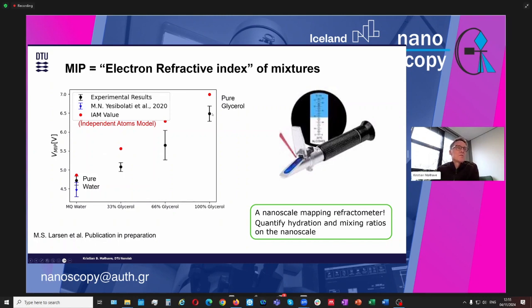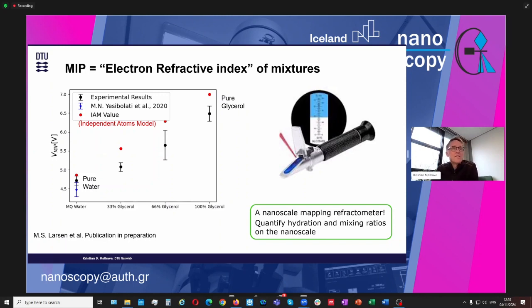So it's actually a mapping refractometer, because this is based on imaging. We can now begin to quantify, in this case, hydration levels of glycerol and water on the nanoscale if we wanted to. So this is something we hope will help make very quantitative TEM images of structures.